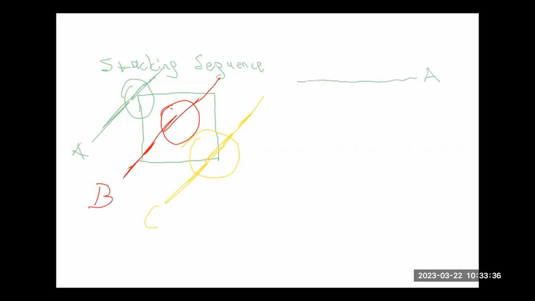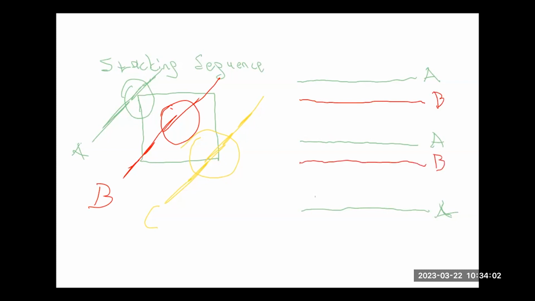So we have A plane, A plane, A plane, B, B, B, C, C, C. Then we have atoms on these planes.